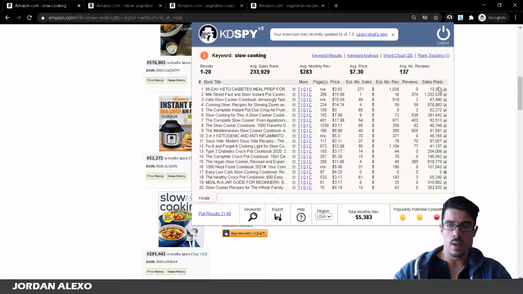I mean, if you have most of these books listed over here, let me show you another keyword for you to see the difference between something that is way too competitive compared to something that is not competitive. Okay, and in this case, what we can see over here is that most books don't have that many reviews.